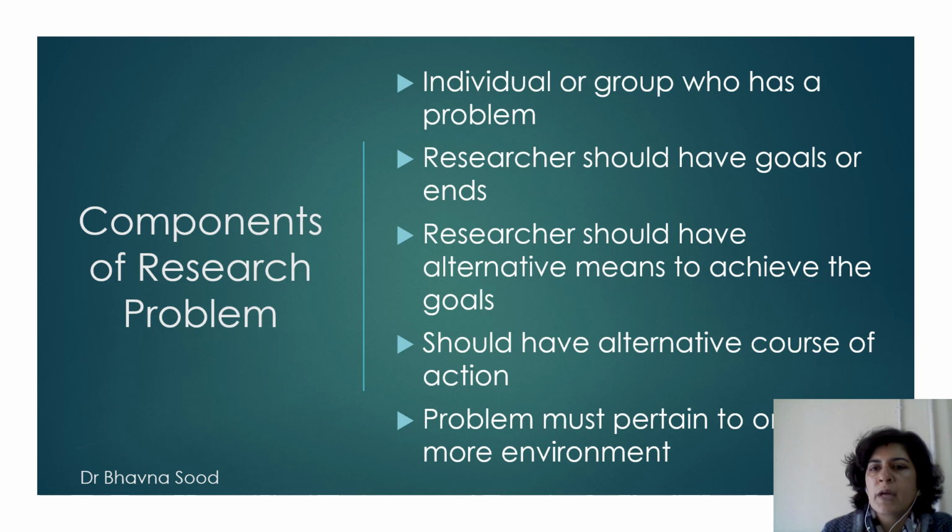Then the researcher should have alternative means to achieve that goal. In the sense you have a method and it is not working. As you do research, you realize you need to change your methodology. Then you should have the alternate course of action. If you're asking questions, now to give a very good example for this is like suddenly the people, those who were doing research before COVID, and suddenly they were under lockdown and they could not gather the data for their research.